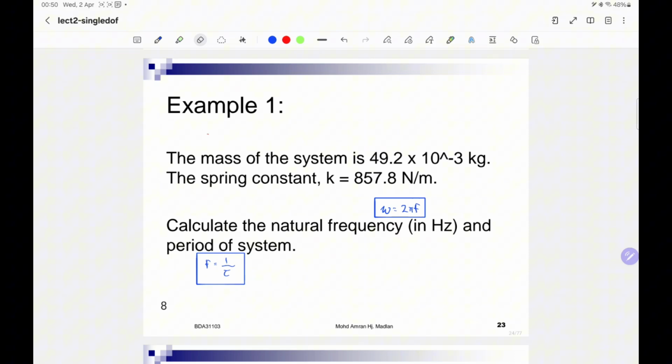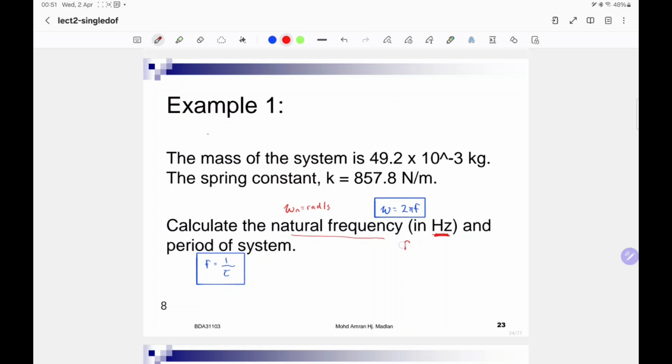The question asks us to calculate the natural frequency in Hertz. We know that natural frequency is omega n, but the unit of omega n is radian per second. The question didn't ask us in radian per second, but instead asks for the natural frequency in Hertz.